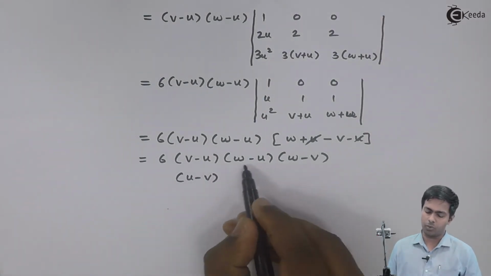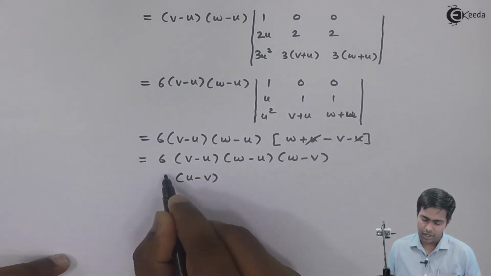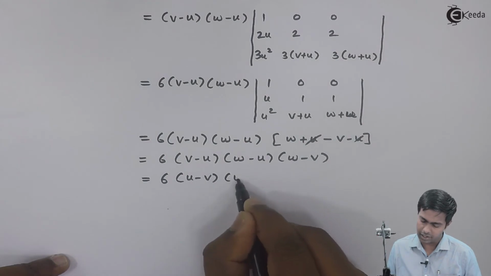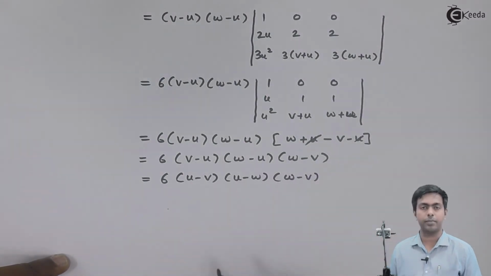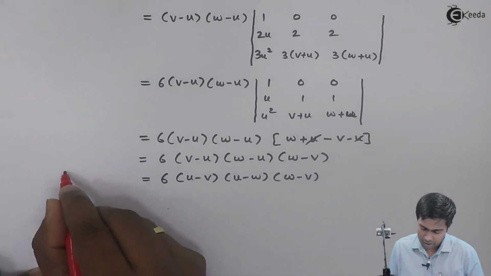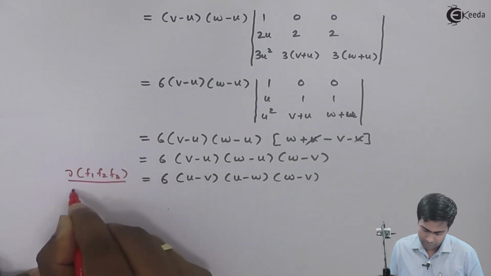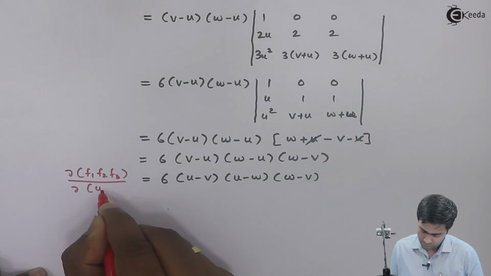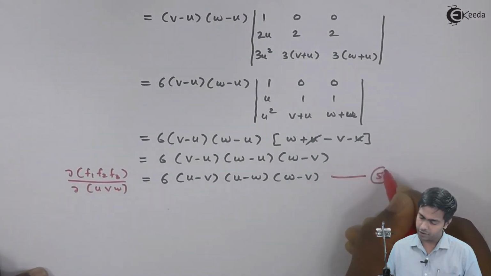Similarly, to bring u minus w over here, I'll again take one more minus one outside, so it is positive outside, and here I'll get u minus w, and obviously w minus v will remain as it is. So this is the value that we got for the Jacobian of f1, f2, f3 with respect to u, v and w, and this will become my equation number 5.